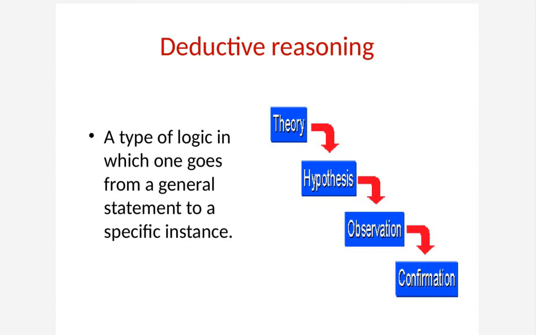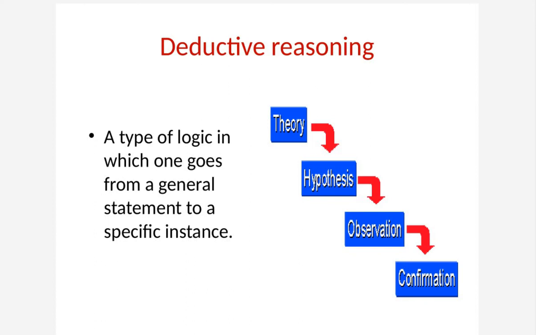So you start by reading theory, and then you develop a hypothesis, a hunch about any of your research questions. Then you go out to do an observation to test that hypothesis. Then you confirm. So most data analytics studies are scientific and they rely on deductive reasoning.